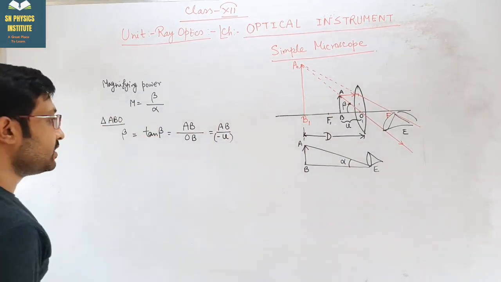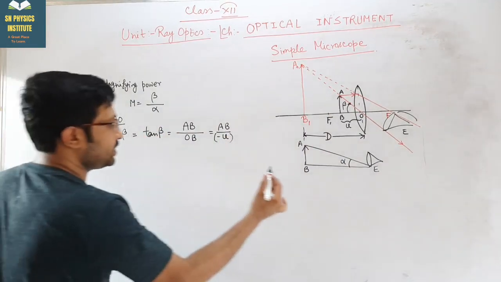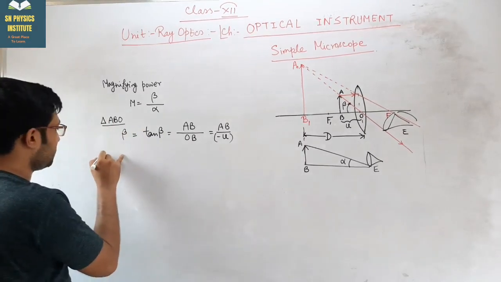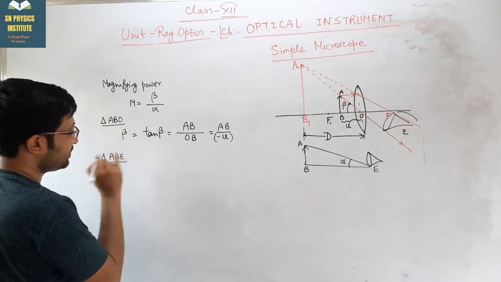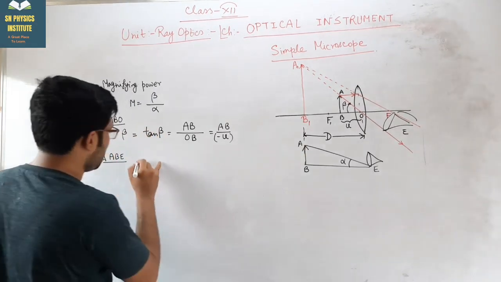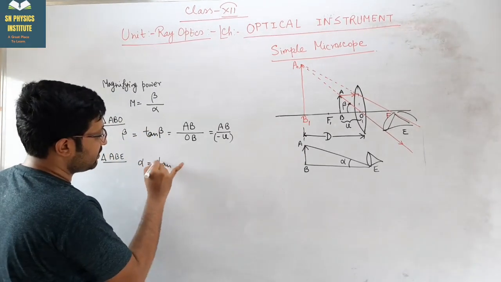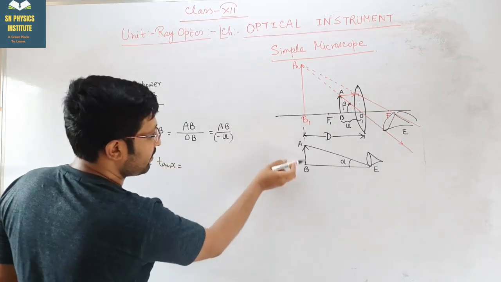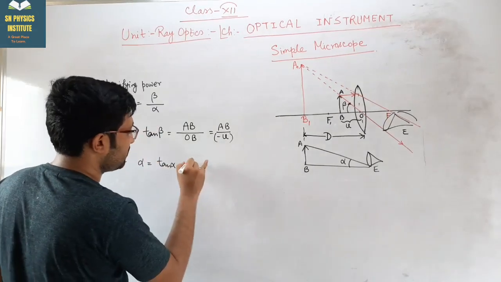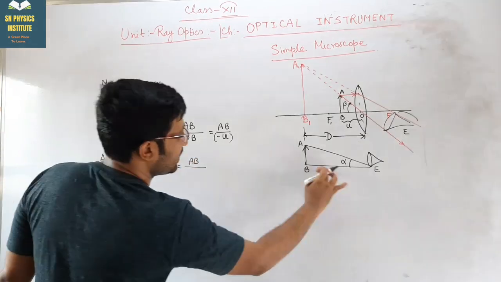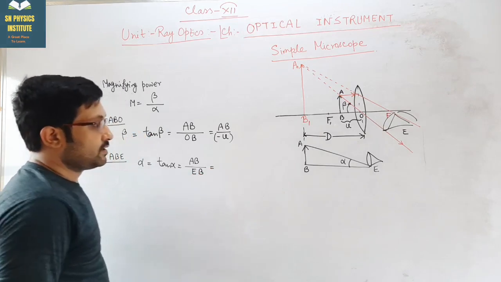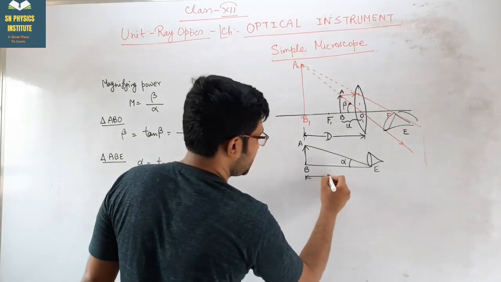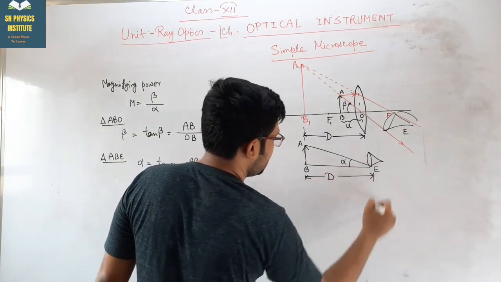Now, same way, if we consider the triangle ABE, tan alpha is equal to perpendicular AB by EB, right? EB is equal to capital D distance.